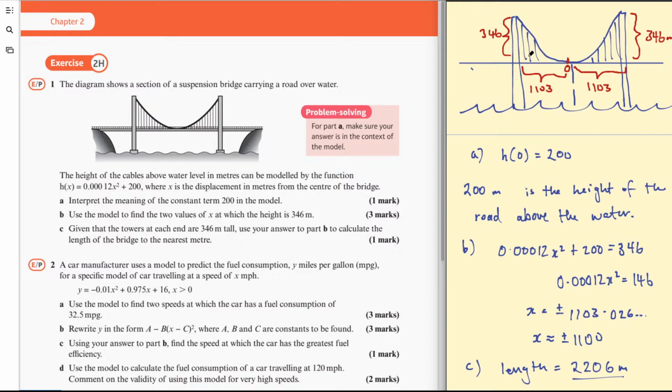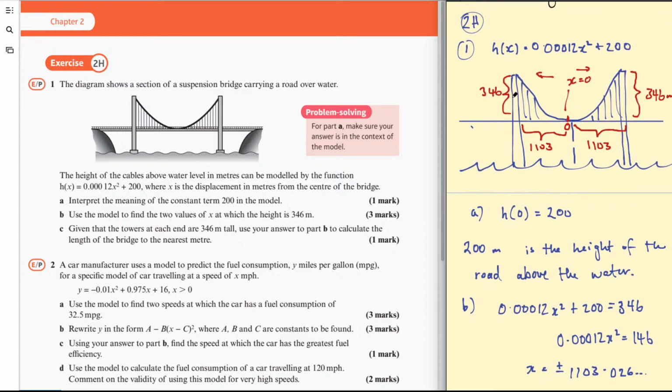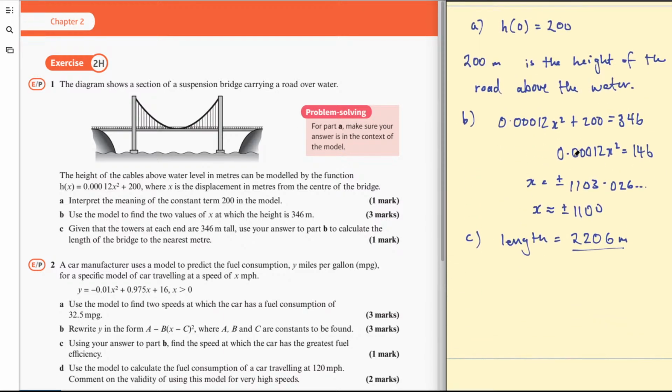It represents going to the left of that 0. So again, x equals 0 was at the center. So if we have a negative 1103, we're going to the left that way. Positive going that way. So if you want the entire length of the bridge, which is from each pillar, then you've got two lots of those. Also, because we took that square root, it was positive and negative.